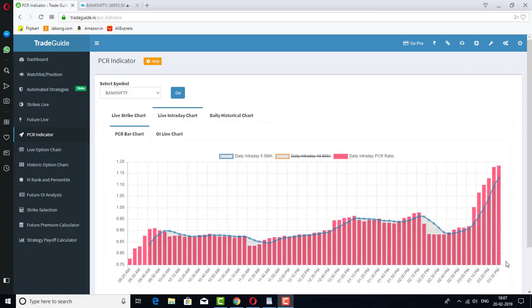So we are taking all the other conditions in Bank Nifty as well. Like you can see from the opening today, Bank Nifty has been roughly trading above the 5-day simple moving average till about 9:50. After that, it gave a crossover to the below.